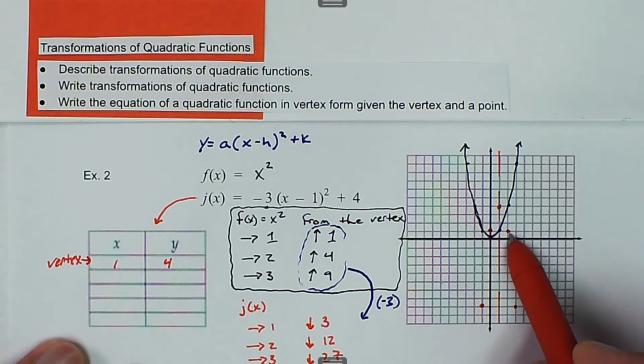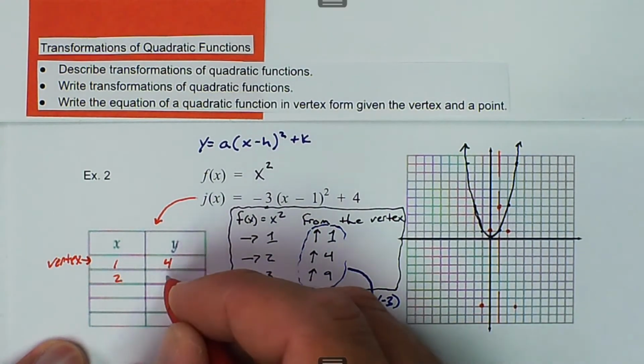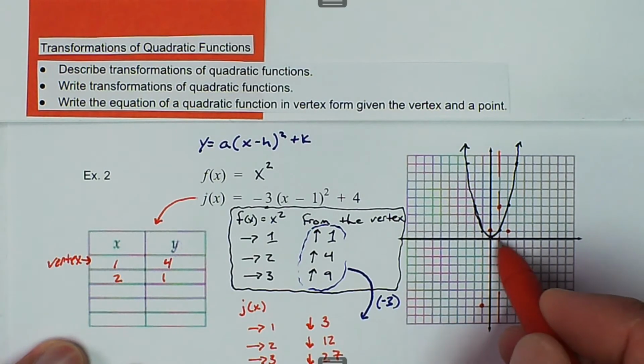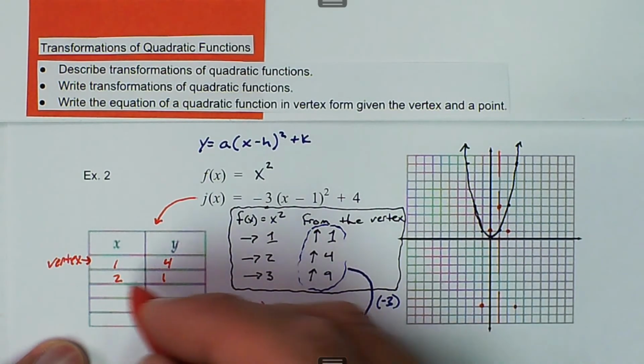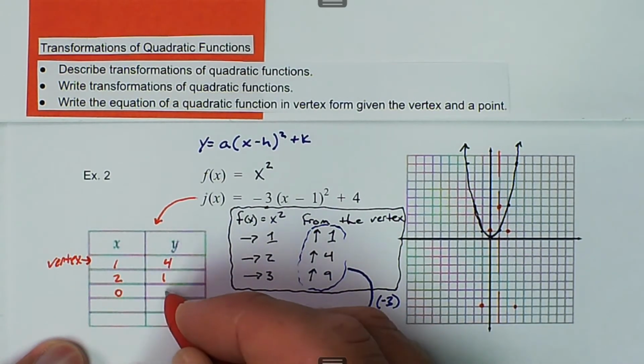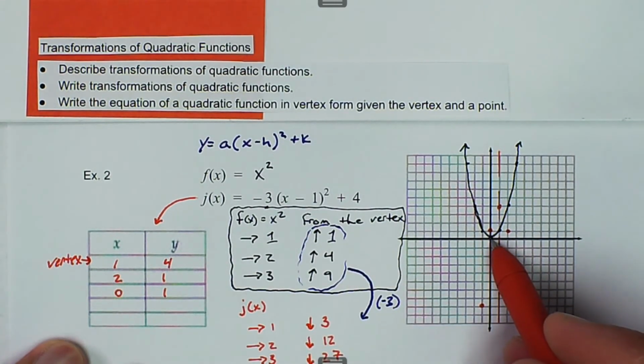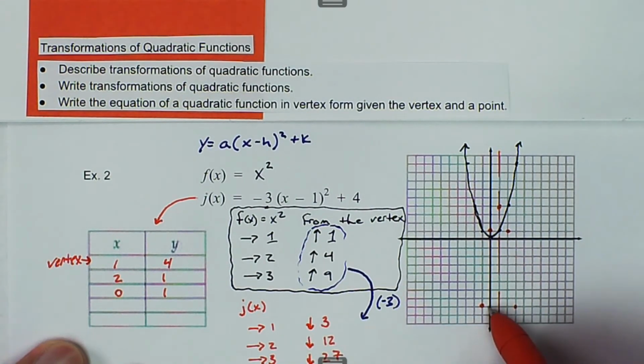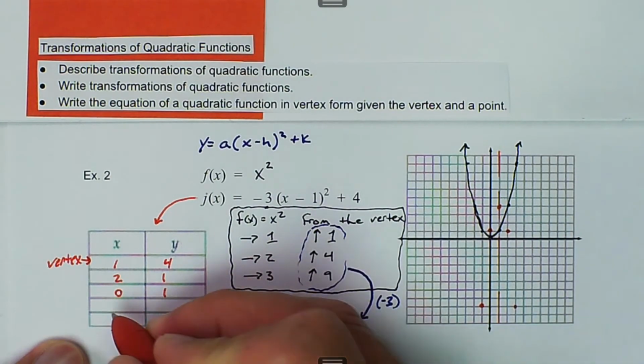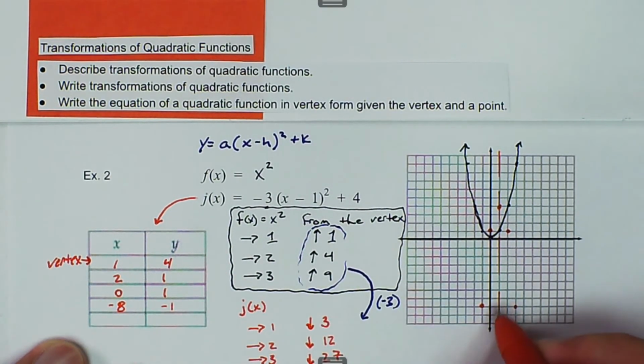So we have the point (2, 1). We have the point (0, 1). And we have the point (-8, -1) and (-8, 3).